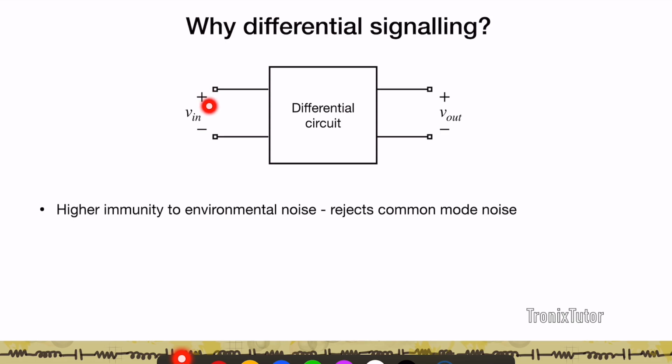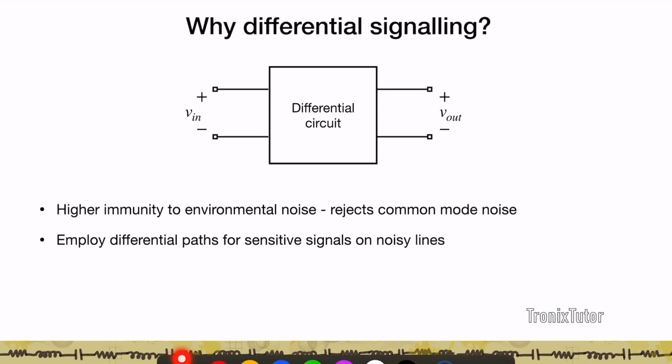So if I think about a signal which I define as the differential signal between these two, the impact of the environment, or of anything that is common to these two pins, is going to happen on both pins, and it's not going to corrupt the information if I assume that the information is stored in the difference between the two pins. So the very big advantage that differential signaling gives is what is known as higher immunity to environmental noise, or in other words, it rejects the common mode noise between two pins.